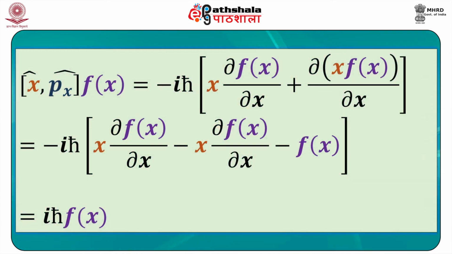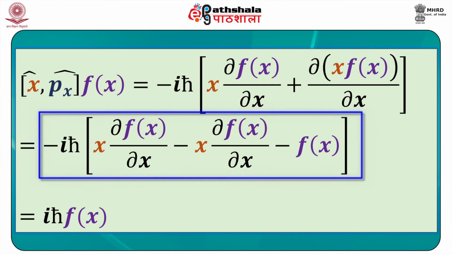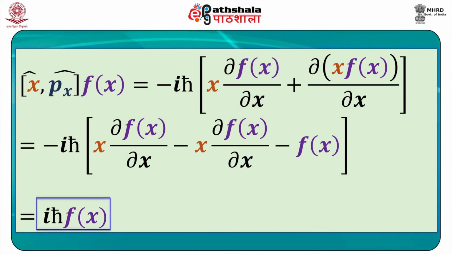On expanding, we get minus iota h cross (x del f(x)/del x plus del x/del x f(x)), which on simplification gives minus iota h cross (x del f(x)/del x minus x del f(x)/del x minus f(x)), which is equivalent to iota h cross f(x).